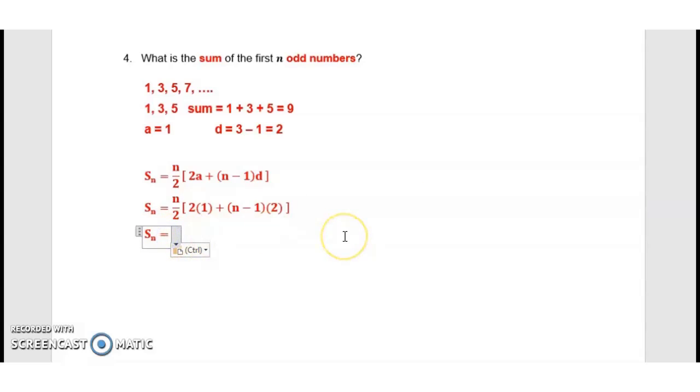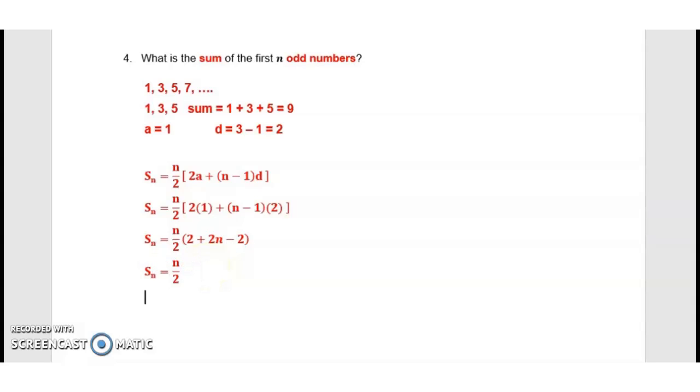So Sn equal to n over 2 multiplied by 2 times 1, 2, plus n times 2 is 2n, negative 1 times 2, negative 2. So here, Sn equal to n over 2.